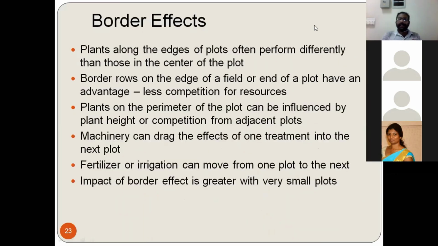The other one is border effects. You can read about it, but I will just talk about what border effects are. Let's take the earlier example: what are these T1, T2, T3, T4? I'm doing chili with 4 fertilizer treatments.